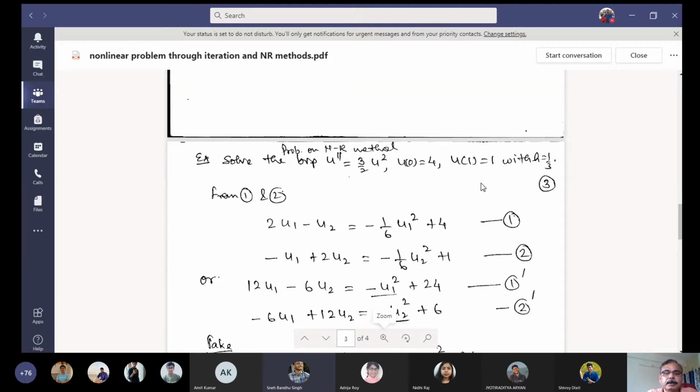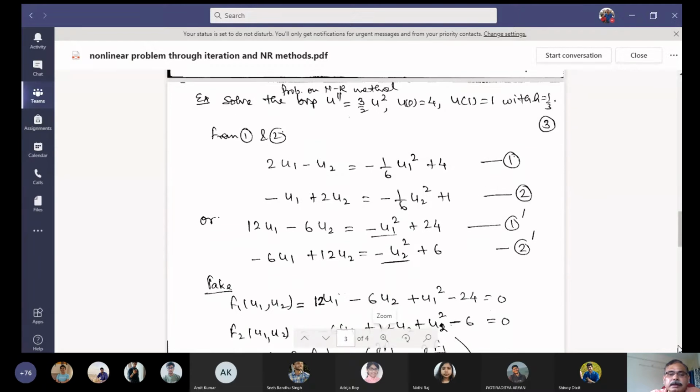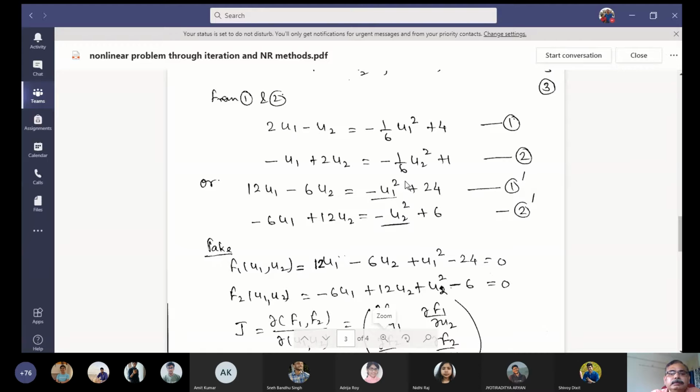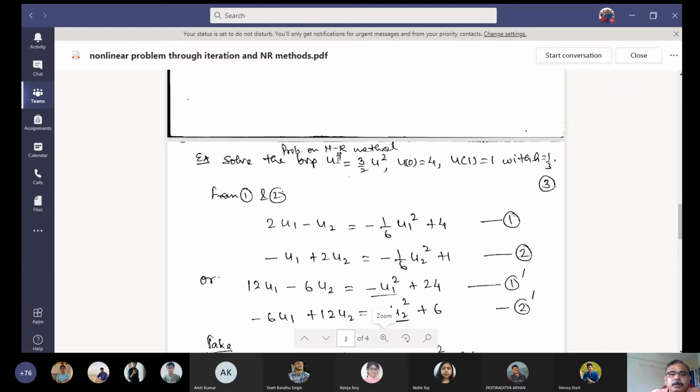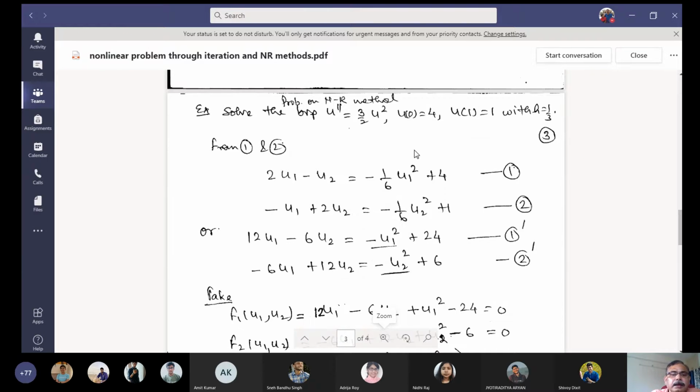Okay, so let us come back to those two equations which we have just got, the two discretized equations. The same problem, u double prime equal to 3 by 2 u square, u0 is 4, u1 is 1, h is 1 by 3, everything is the same. Then equations 1 and 2 are written here, then 1 prime and 2 prime are written there.